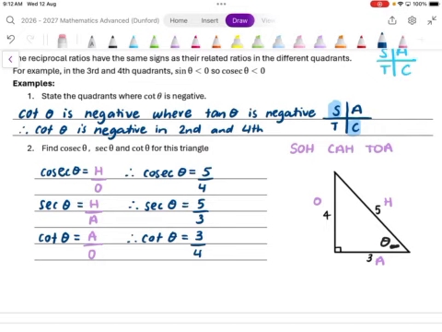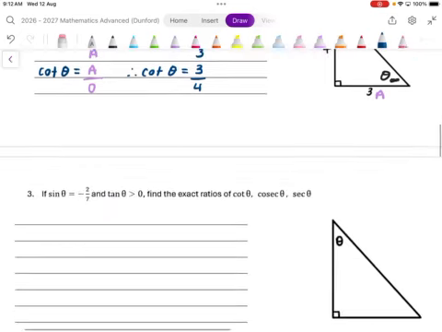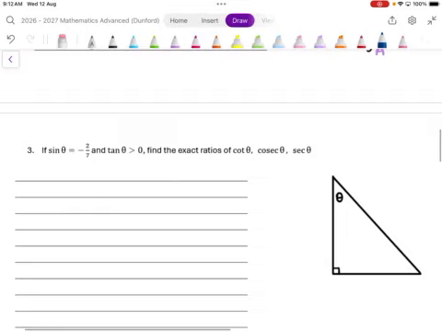The next example, what we have is if sine theta equals -2 over 7 and tan theta is greater than 0, we want to find the exact ratios of cot theta, cosec theta, and sec theta.